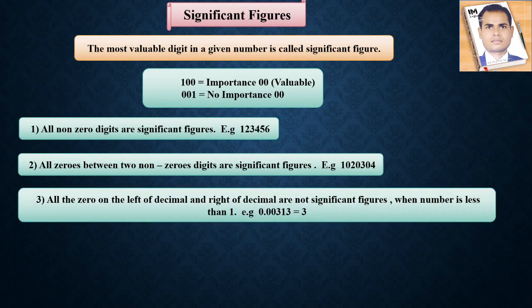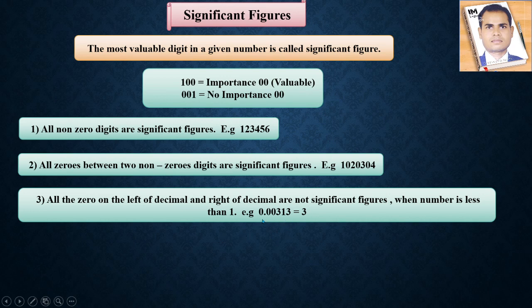Now third: all the zeros on the left and right of the decimal are not significant figures when the number is less than 1. When the number is less than 1, there will be zeros on the right and left of the decimal, and we can't count them as significant figures.